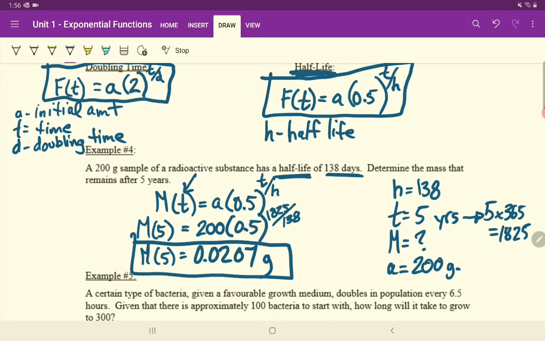It started as 200 grams, and because it halves its life every 138 days, after 5 years it's going to be down to almost nothing, just 0.02 grams. If you had some sort of medicine that expired and 5 years later you tried to take it, it could be that it has no potency whatsoever anymore, depending on what its half-life is.